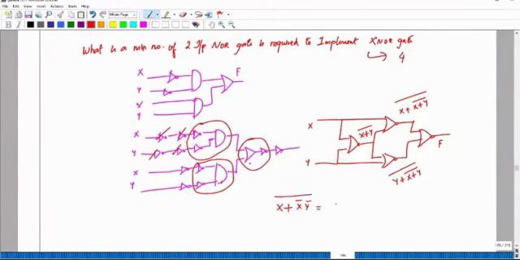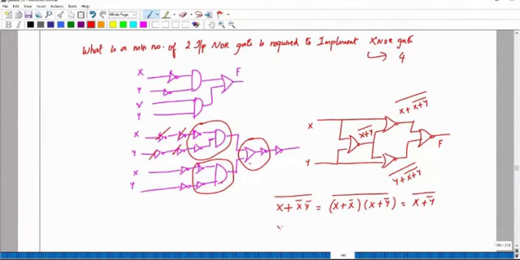This is equal to x plus x bar into x plus y bar the whole bar. This is equal to x plus y bar the whole bar.